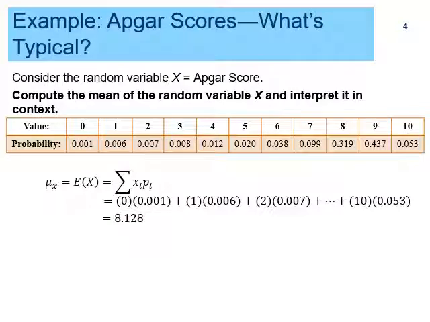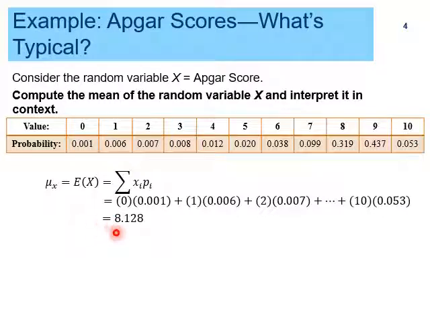Now on the same data, we calculate the mean of the random variable and interpret it in context. We already know the formula: we take xi pi and do the summation. For 0 it would be 0, then 1 multiplied by 0.006 plus 2 multiplied by 0.007 plus 3 multiplied by 0.008, and we do the same thing till 10.